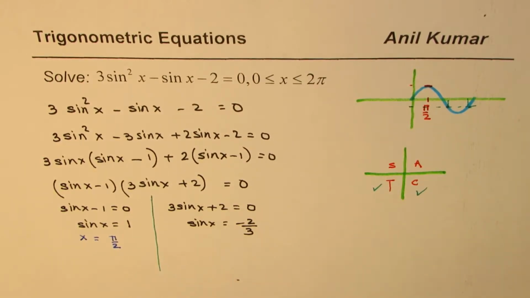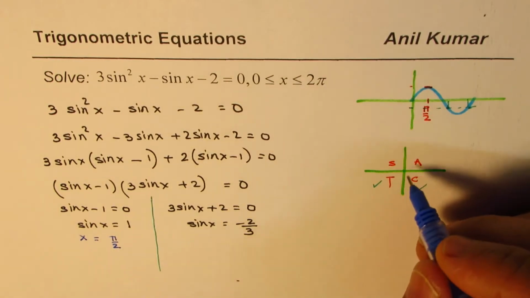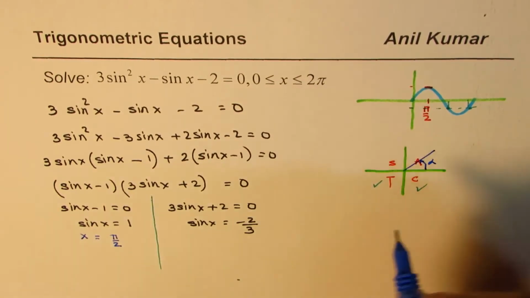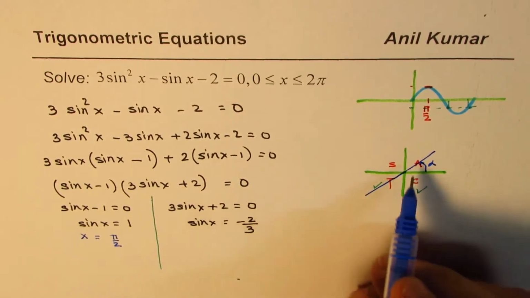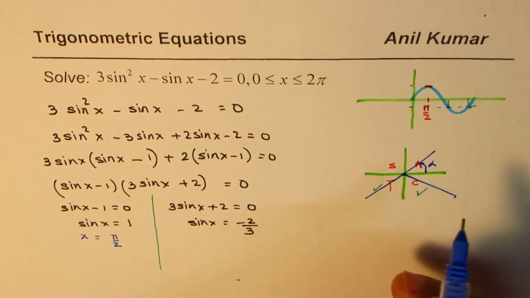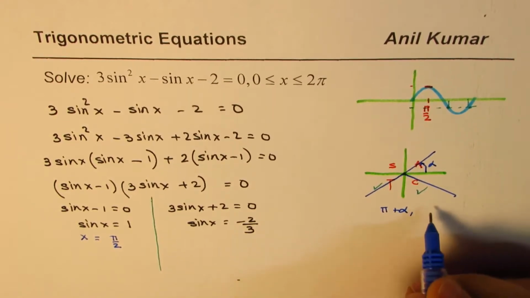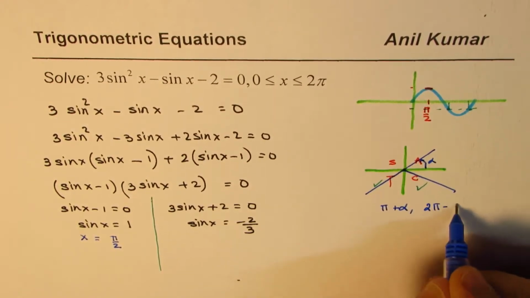So we're looking for two angles, which are, if the acute angle is alpha, let me write down here. Let's say this is the acute angle alpha, right? Then the solutions are pi plus alpha and 2 pi minus alpha. Is it okay?